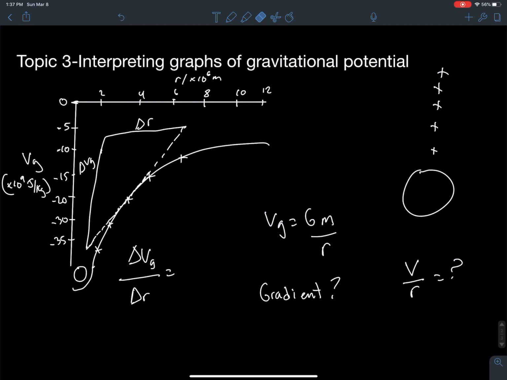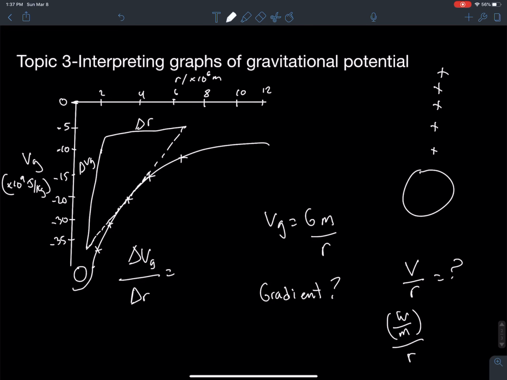Okay, so I've got to remember what V is. V is the amount of work I had to do to bring an object from infinity to a point in space per unit mass. So V is equal to work divided by mass over r.